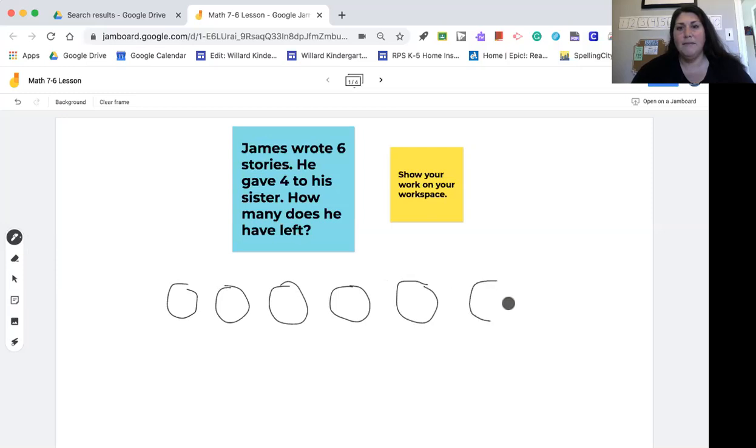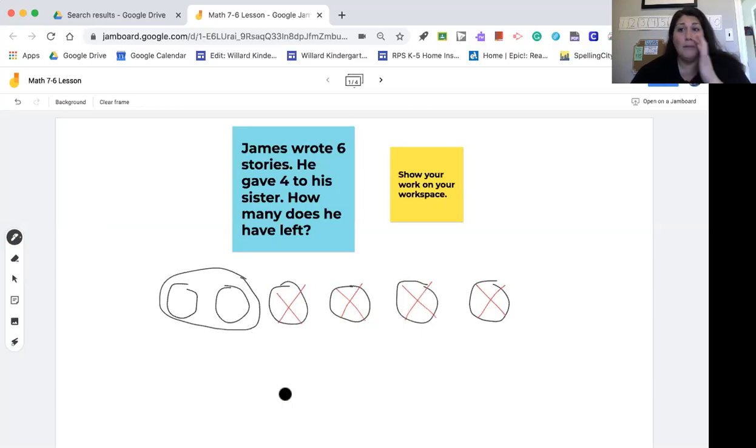And it says he gave 4 to his sister. So I am now going to just cross out 4. So 1, 2, 3, 4. I like to circle the group that's left, so that other part.